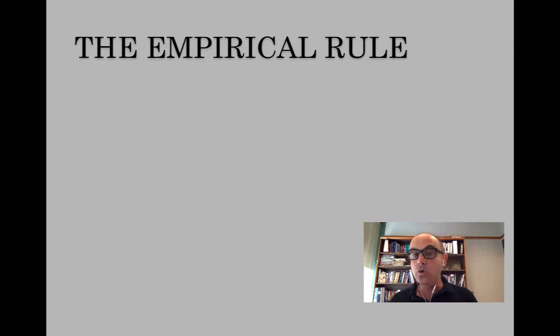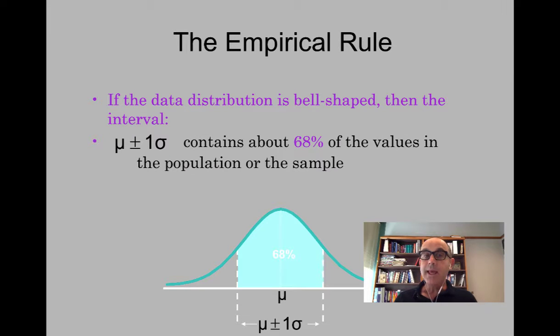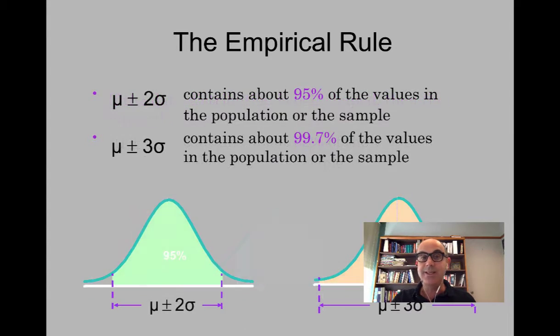Another thing that I want to repeat again and again is the empirical rule. If the data distribution is bell-shaped, then we can say that 68% of the data, containing the value of the population or the sample, will be within one standard deviation. This is a very important rule for us to lay out or to report on, and so the distribution is a part of our job when we are doing descriptive statistics.